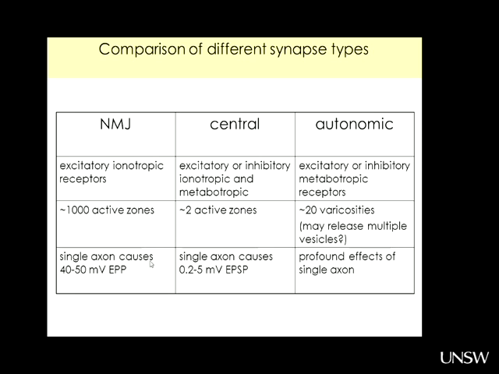Okay, we don't usually measure an EPSP because these metabotropic effects are much slower, but certainly one autonomic axon can produce a big effect on the muscle that it's affecting. Okay, it can cause contraction of peripheral blood vessels or a bladder wall muscle or whatever.